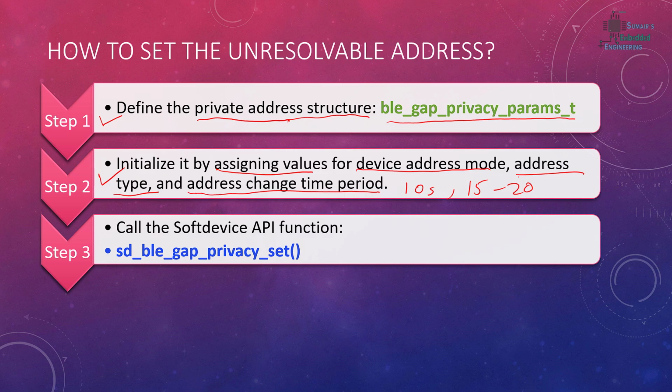After this timeout, the address will be changed automatically by the soft device. The next step is to call the soft device API function, which is sd_ble_gap_privacy_set. In this function we are going to set the settings for the non-resolvable private address.